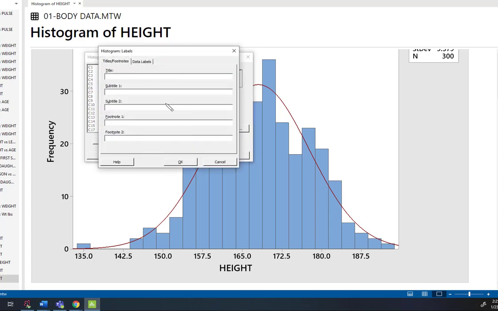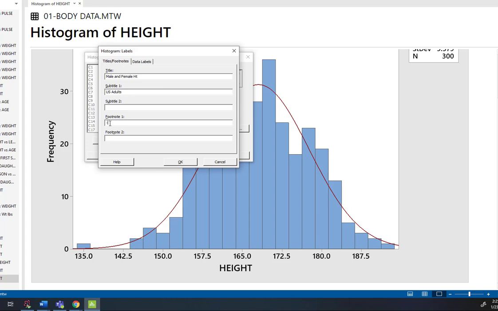And a label, probably should put a label on this. We know we should. We always put on a label. So let's say male and female height. And for a subtitle, let's say U.S. adults.